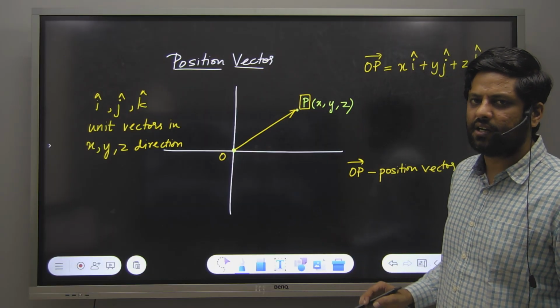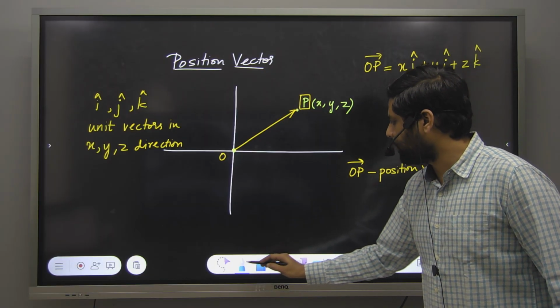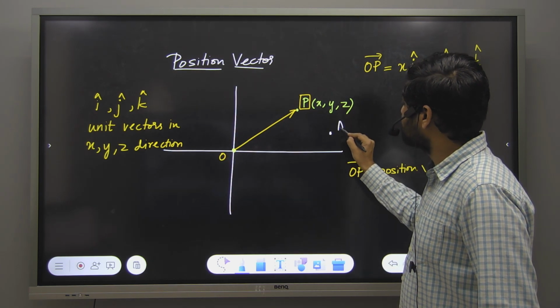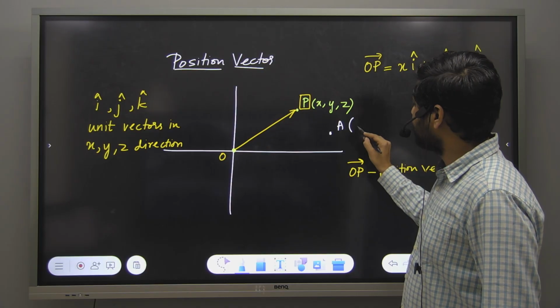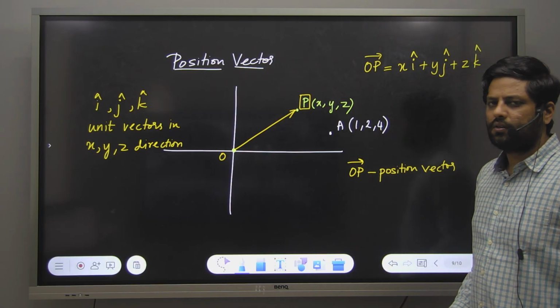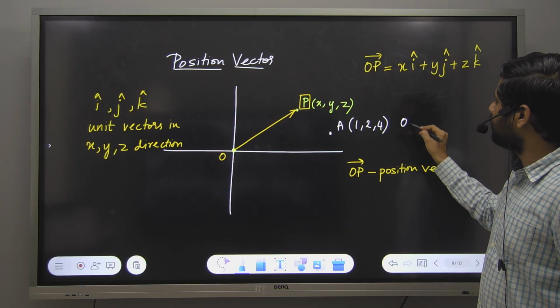So in general, say for example, we have a point here. Say I call this point A, and the coordinates of A are 1, 2, 4. How do we write the position vector OA?